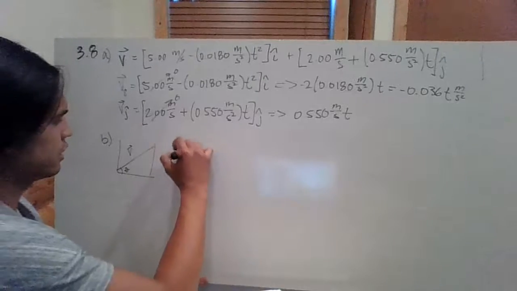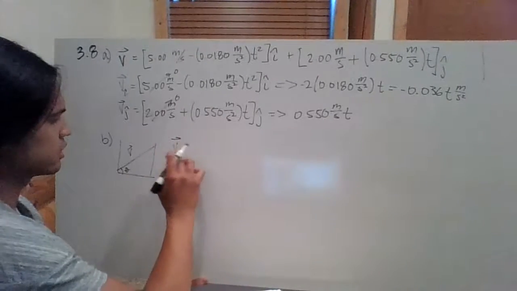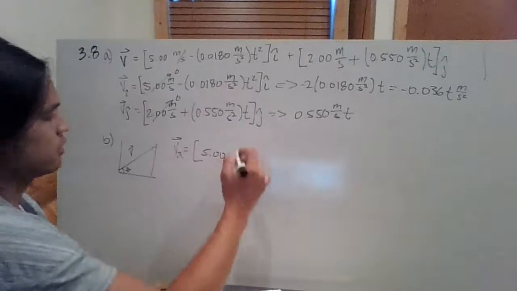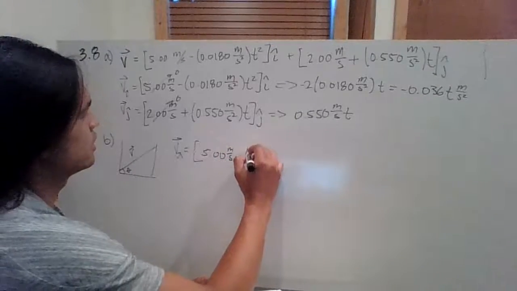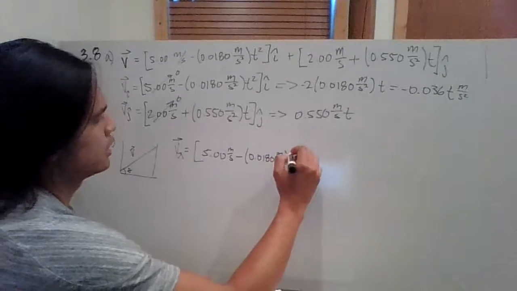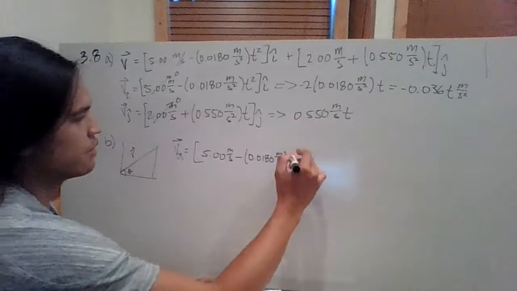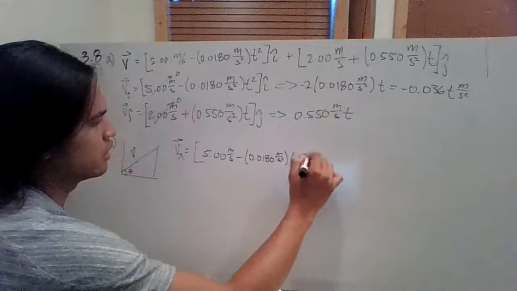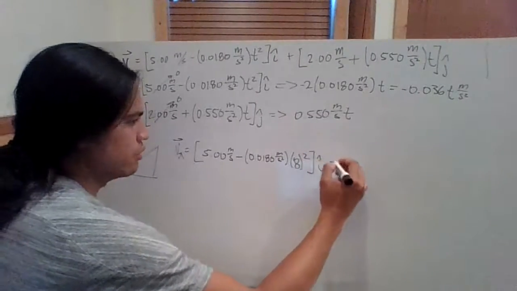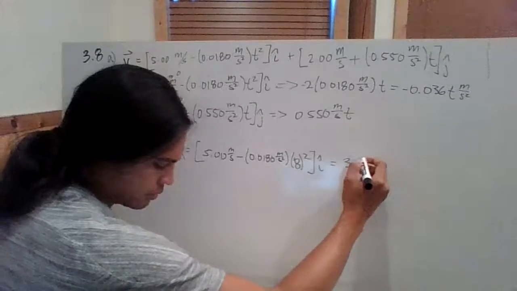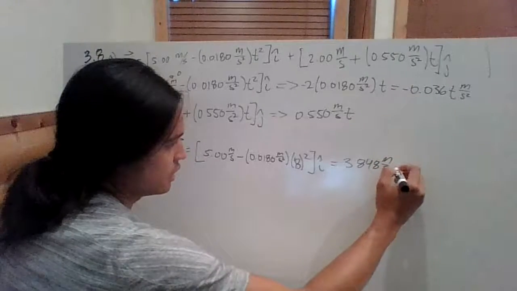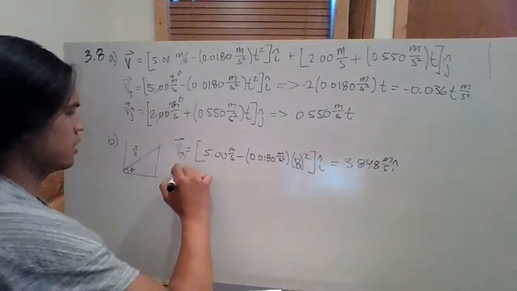So what we do is, for x, take the 5 from up here, meters per second minus 0.0180 meters per second cubed times the time that we're given, so 8 squared, in the i direction, which when you multiply that out gives you 3.848 meters per second in the i direction.